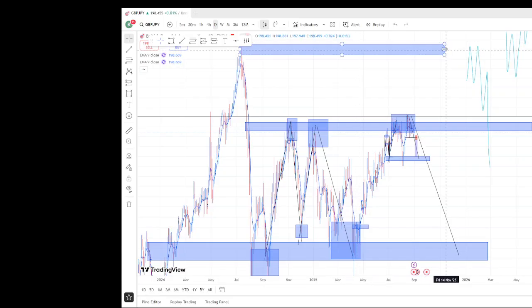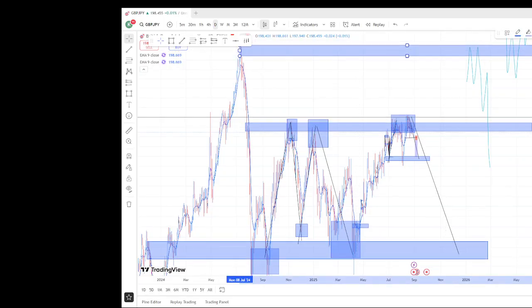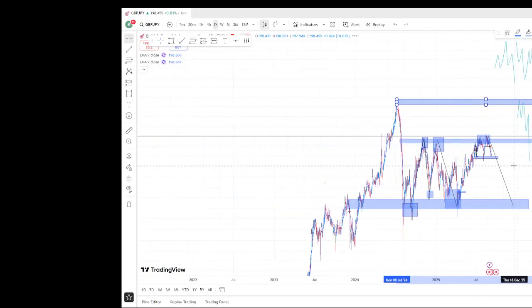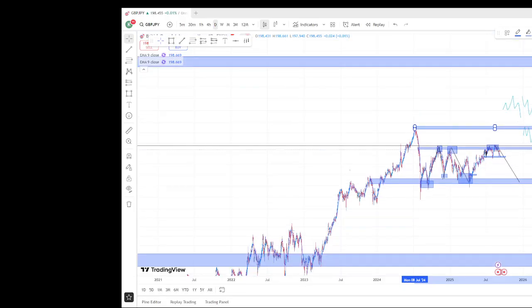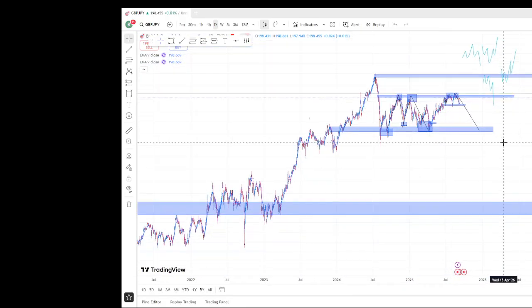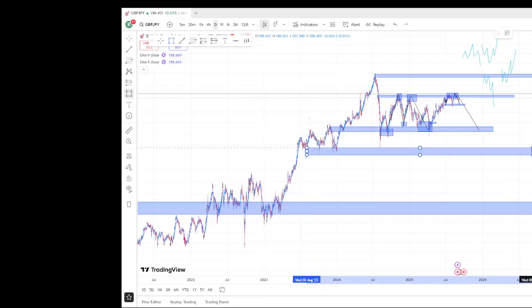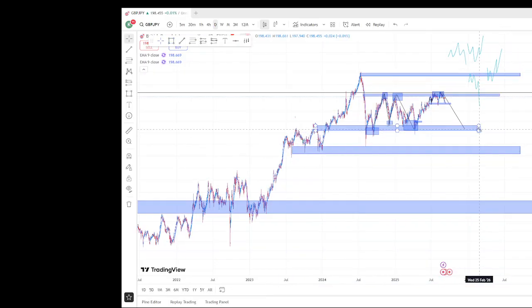And this is also the higher high. You would have to mark out a higher high as well, and a lower low, only because the market is still its own entity, and it can still go either way at the end of the day. So it's the lower low. And it is good to know where the market has been. That's why you mark out its highest highs and its lowest lows.